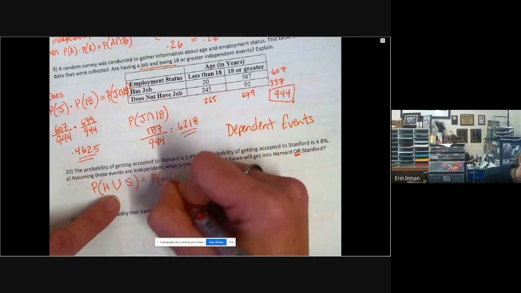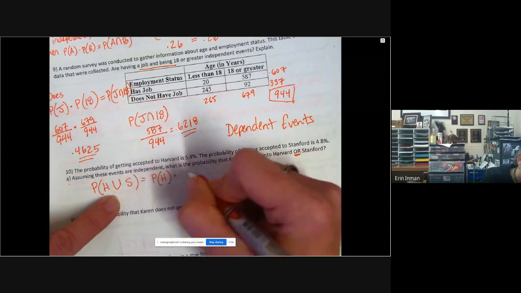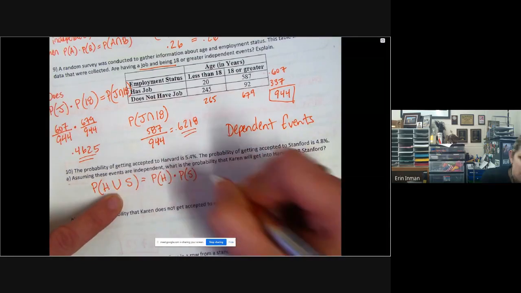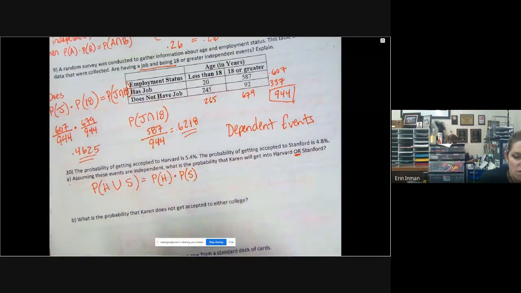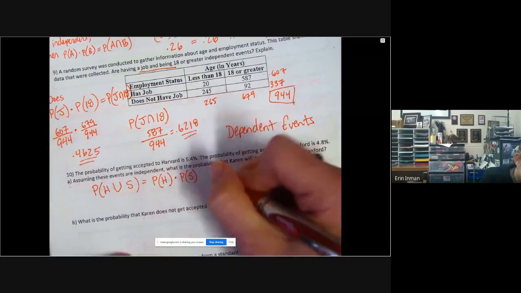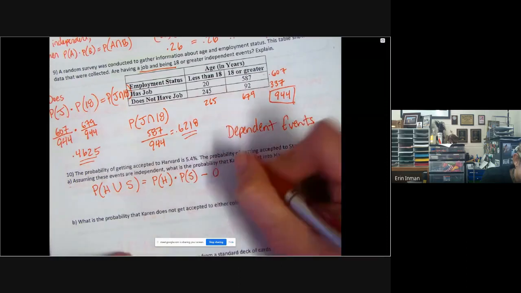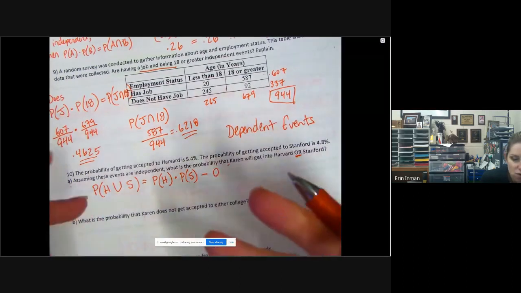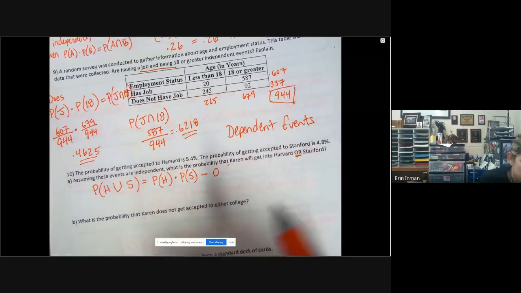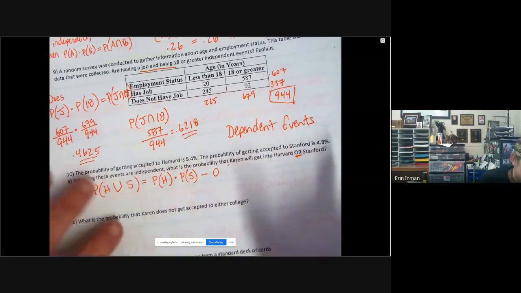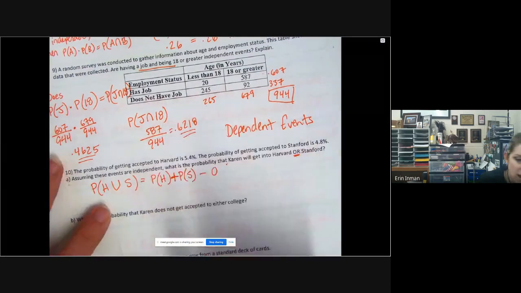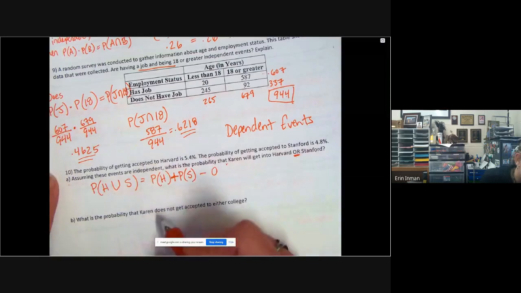So probability of getting into Harvard times the probability of getting into Stanford. Since it's independent, we're going to think of that as mutually exclusive. There's not an overlap. So in this case, because it's independent, we're going to be subtracting off that 0. Okay, so one's not having an effect on the other. So as I look at this, oh, I put multiplication. We need to add them. I think I said add, and I still put multiplication.